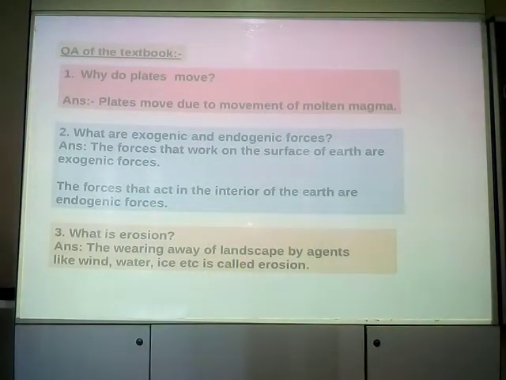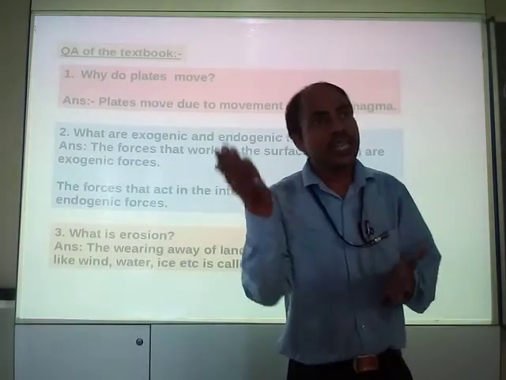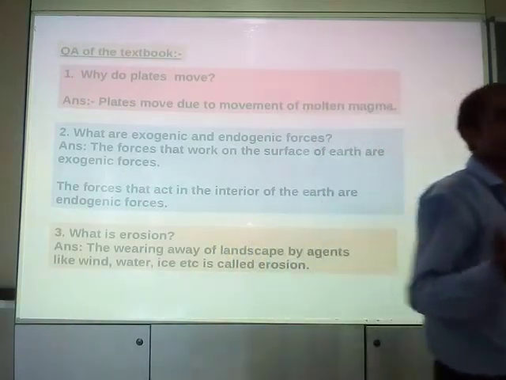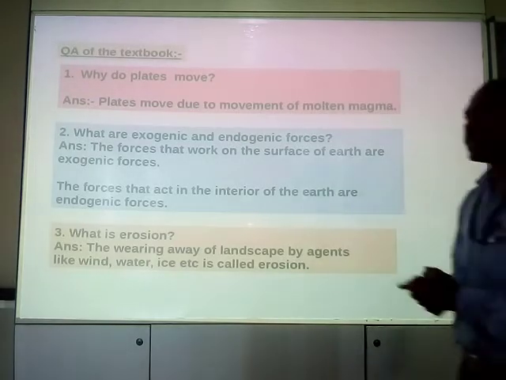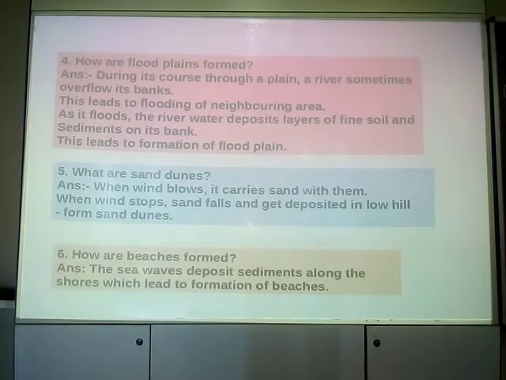Make it a point to remember what erosion is. So if somebody asks you what you mean by the term erosion, the wearing away of landscape by wind, water, ice, etc. is known as erosion. Clear? I don't think any problem will be there for you.